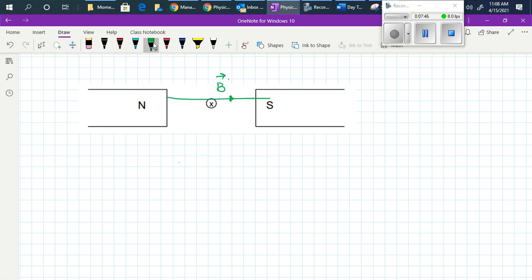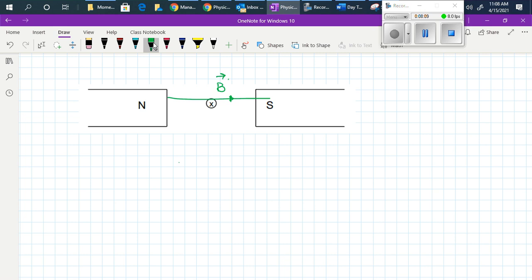Now, the alpha particle, or the intensity of the current, or the positive charge, is going into the page. So your thumb is going into the page. However, since it is a positive charge, and we are talking left hand here, we switch it, so we make it out of the page.